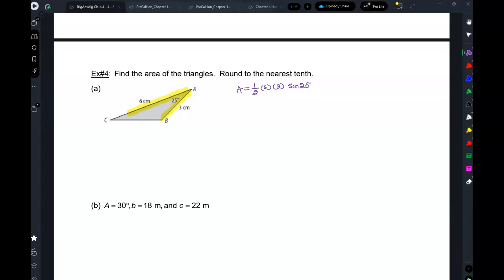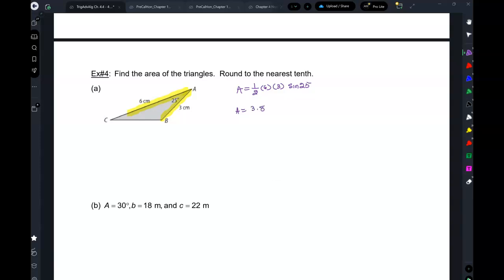So that's the job of you, the sophisticated math student, to keep A for area and A for angle. You just put that in the calculator. You can just use 0.5, or you could just say, half of 6 is 3. 3 times 3 is 9, so that's 9 sine 25. What did you get? 3.38. Okay, so it says to round to the nearest tenth, so 3.8.